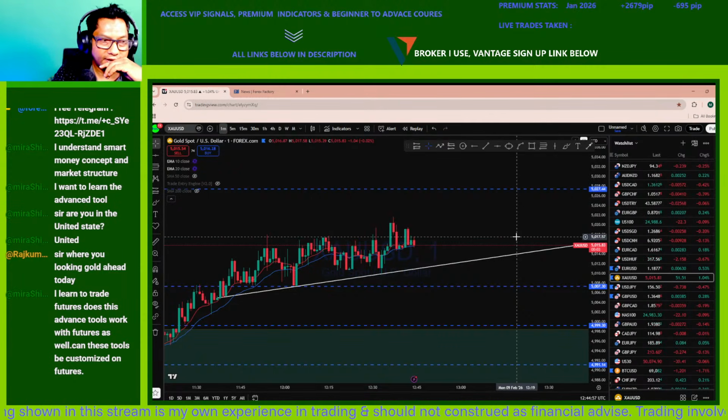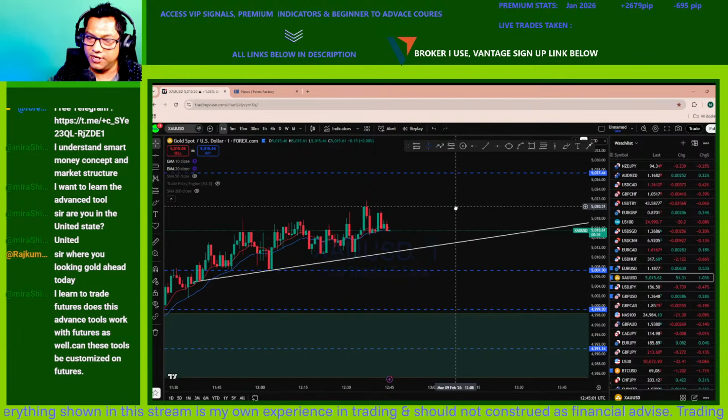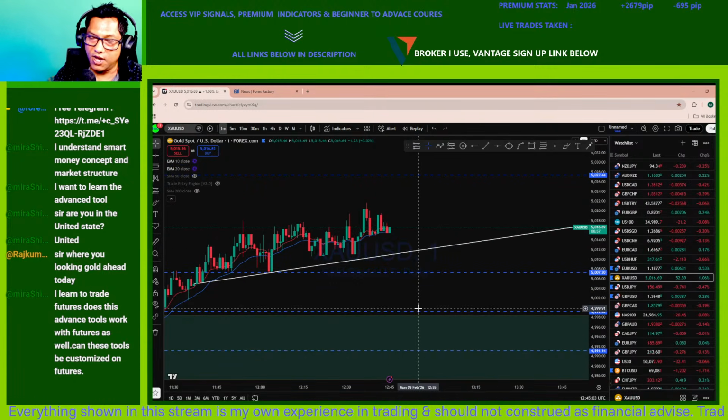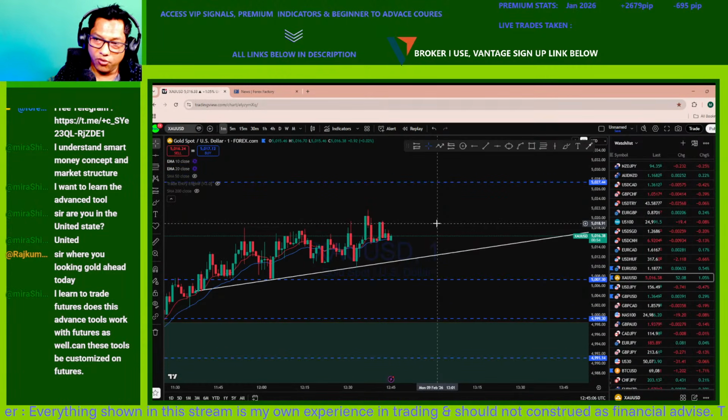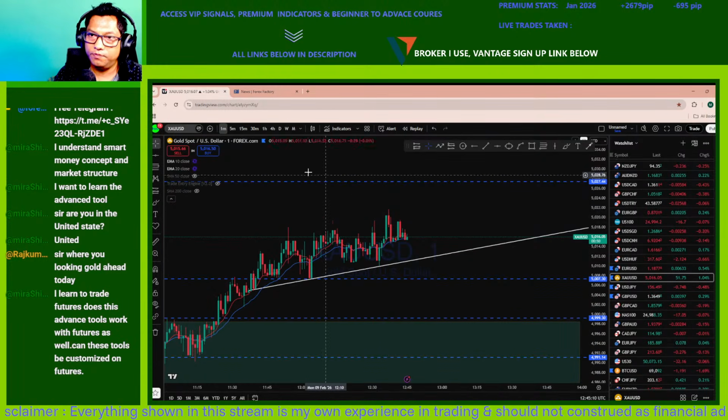Now we are looking at it coming towards the trend line, which is a key trend line here. With the trend line, I'm expecting the market to come down further, back below to this support level, to create a new lower low.